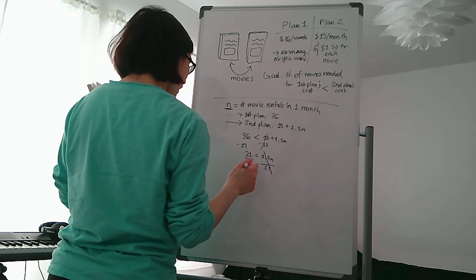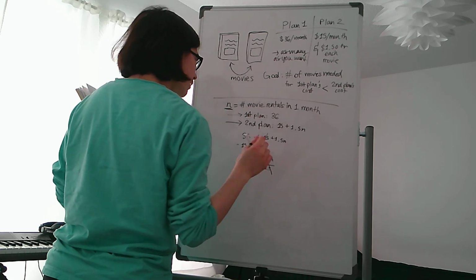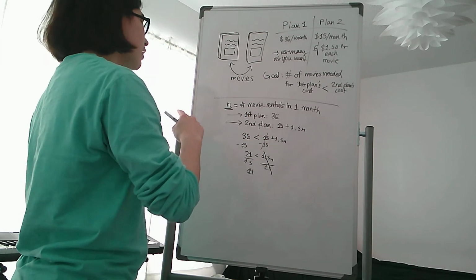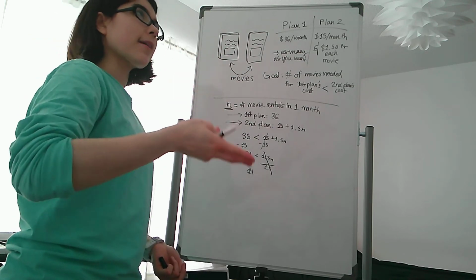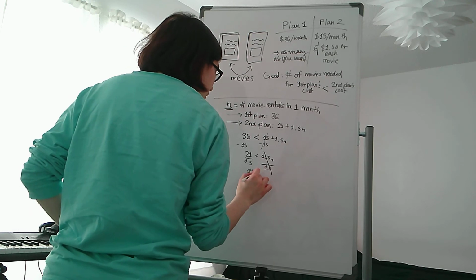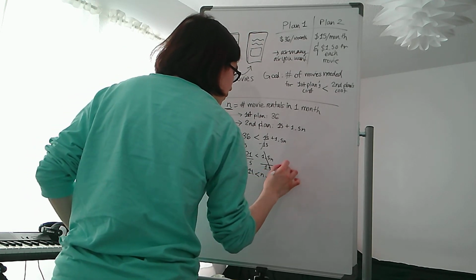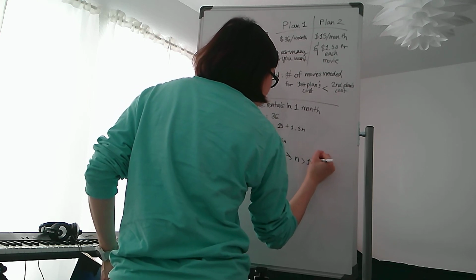21 divided by 1.5 is 14, because 1.5 times 14 is the same as 14 plus half of 14, which is 7, so that's 21. So 14 is less than n, or if you want to rewrite it, n is greater than 14.